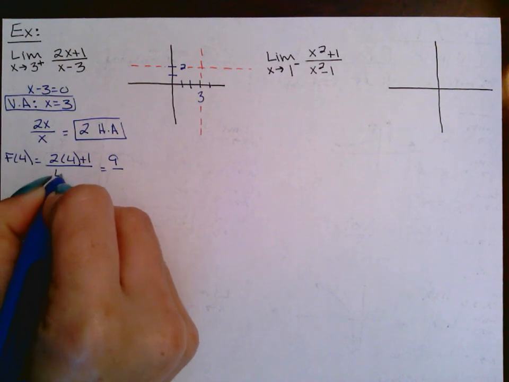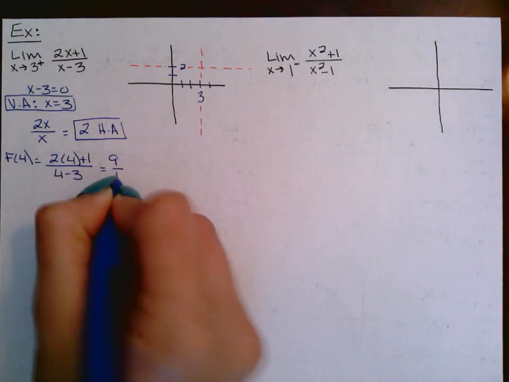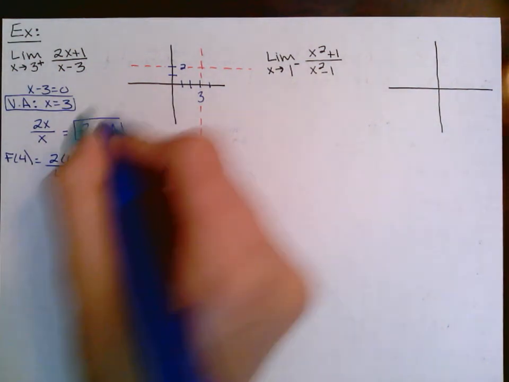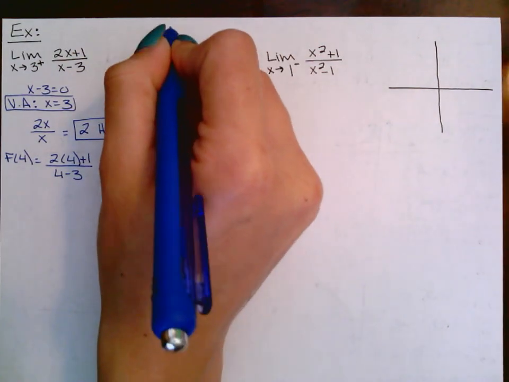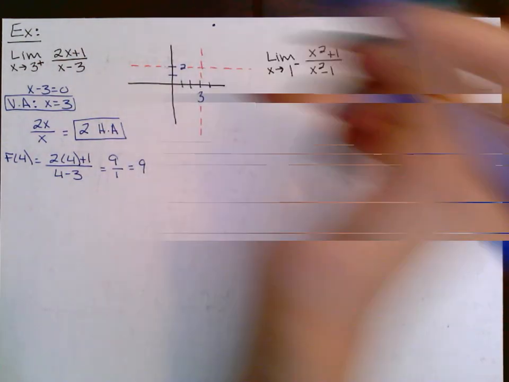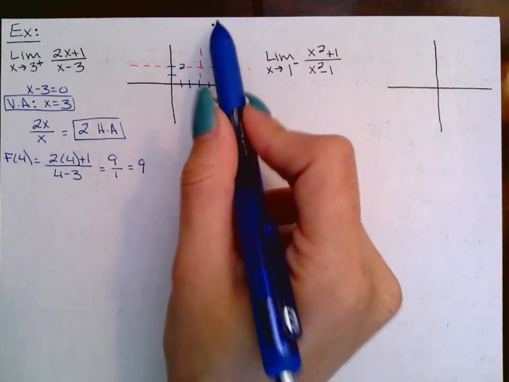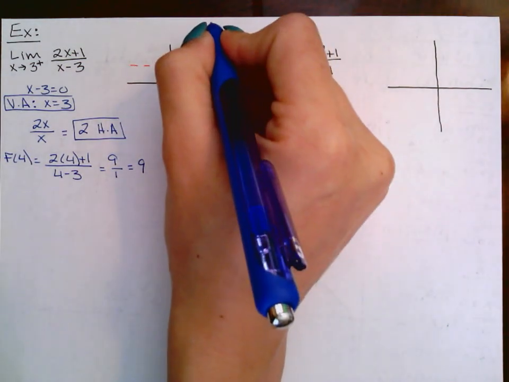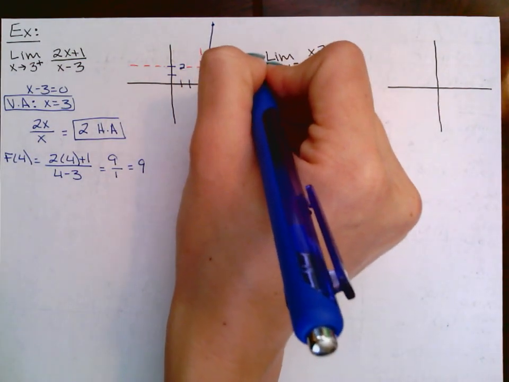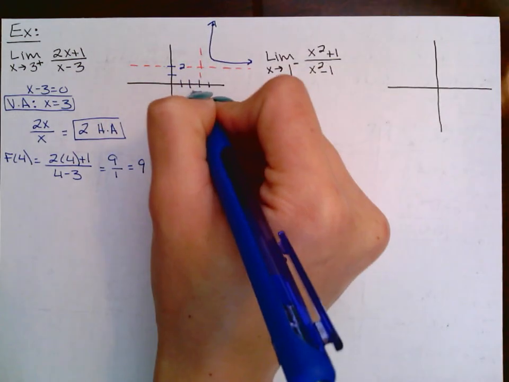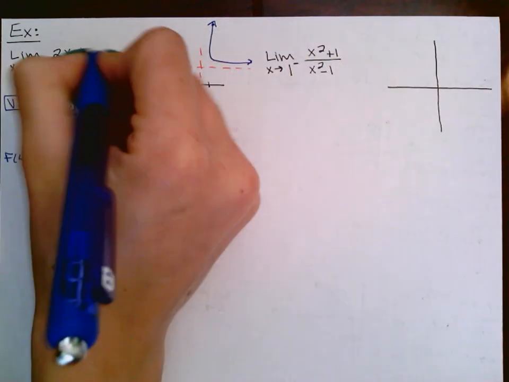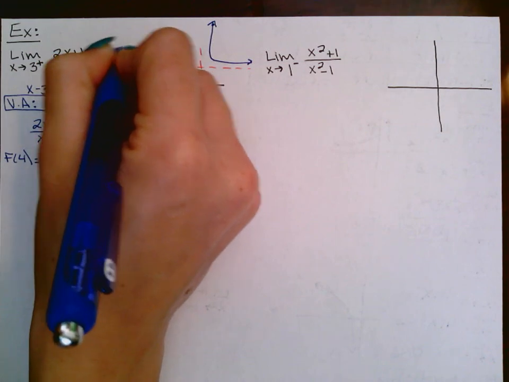And then in my denominator, I'd get 4 minus 3, which is 1. So at 4, I'm at 9. If this is 2, 9 is somewhere all the way up here, which means my elbow is in the top corner, not the bottom. And if it's in the top corner, that means from the right side of 3, I shoot up towards positive infinity.